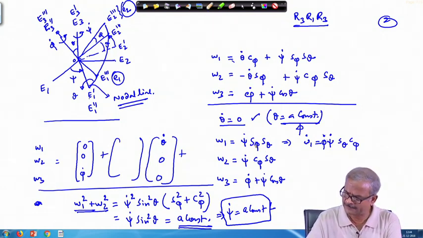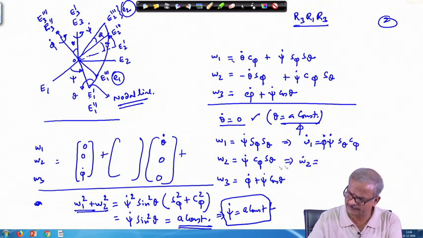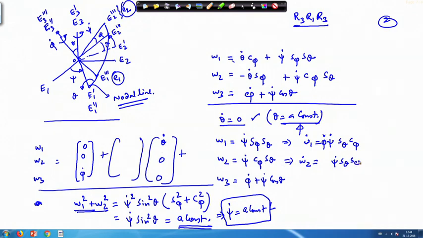So, s phi, sin phi differentiated, this becomes cos phi and then phi dot appears. Similarly, this omega 2 dot we get from this place: psi dot s theta remains as it is, okay, and c phi becomes s phi with a minus sign, this becomes phi dot. And omega 3 dot, obviously this is 0, okay, omega 3 dot is 0 because this quantity is a constant.